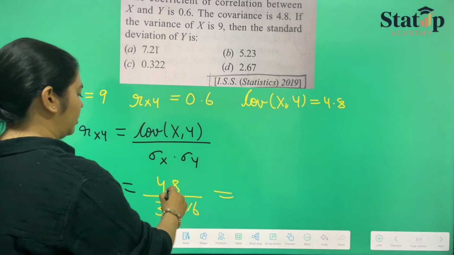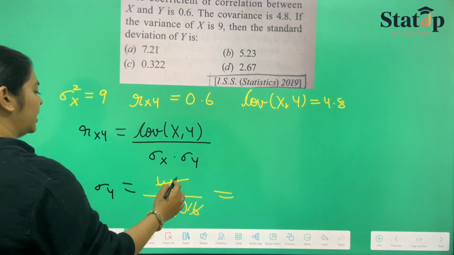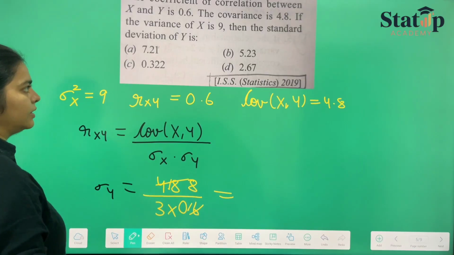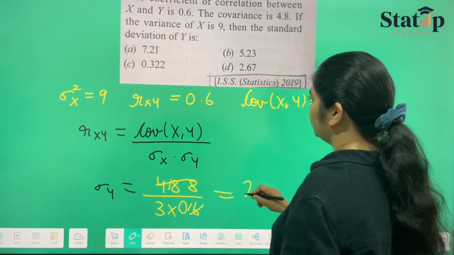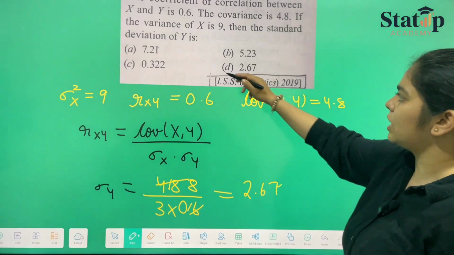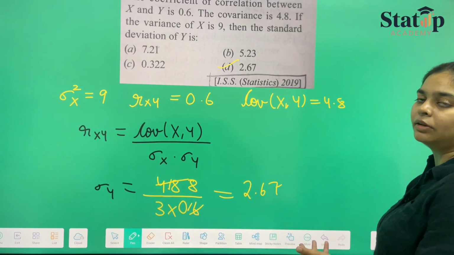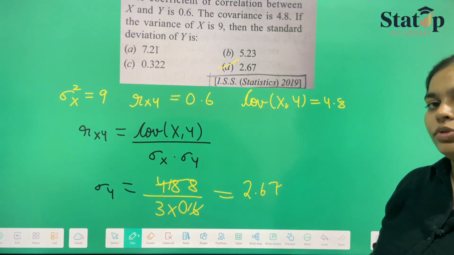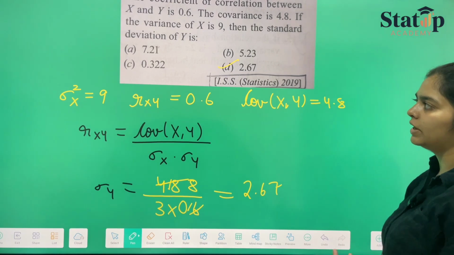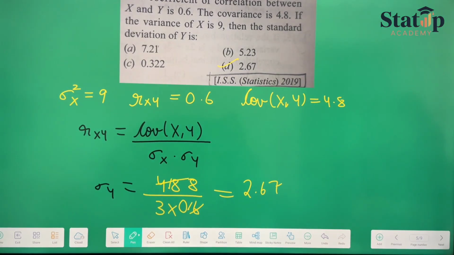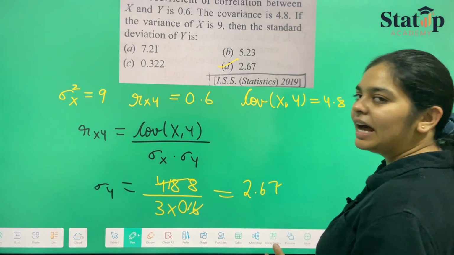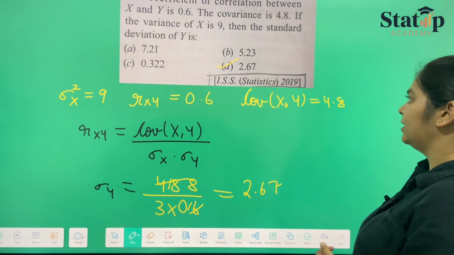When we cancel all of them out, it will be 6 8s are 48, 8 by 3. When we divide 8 by 3, it will be 2.67, which is our option number D. Direct method has been used, direct formula has been used in this question. So this is how we can solve it in examination. So this was our ISS PYQ for 2019.